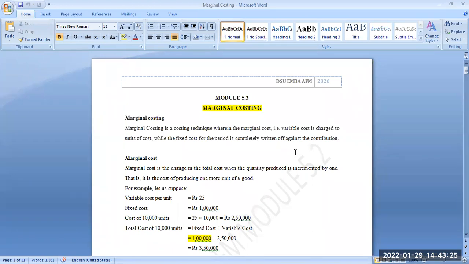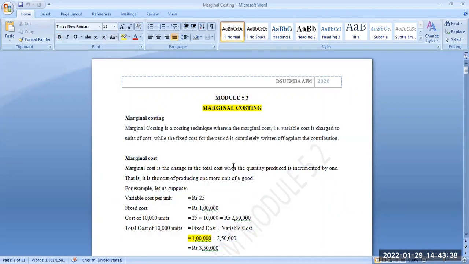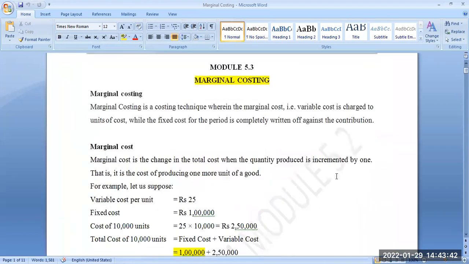Marginal cost is nothing but the change in the total cost when you increase one more additional unit of production. Okay, that is called marginal cost. Why do we use this, or where is this used, and how do we take this as a cost controlling technique? I'll explain to you.